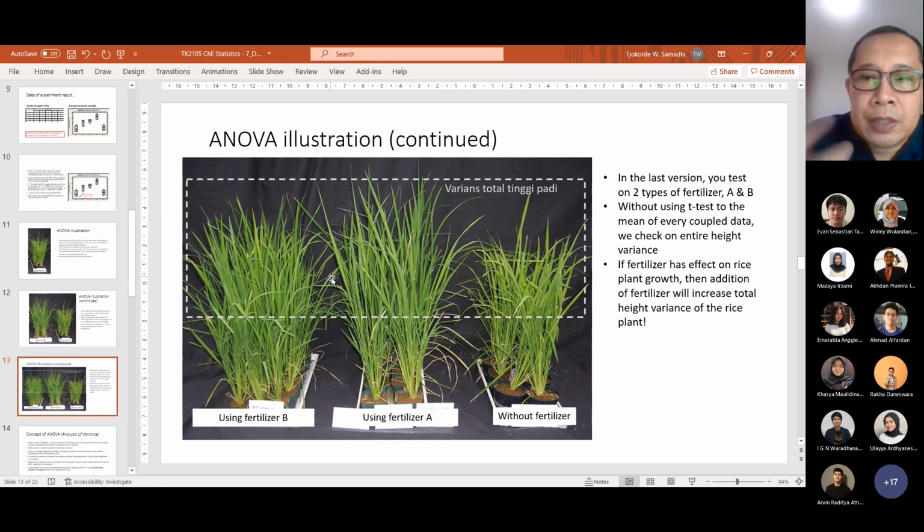In this case, A and without is 1 pair, B and without is 2 pairs, B and A is 3 pairs. So we have 3 pairs of t-tests. The probability of arriving at the correct conclusion for all 3 t-tests is 0.95 to the power of 3. The more treatment levels that you have, the lower that probability becomes.